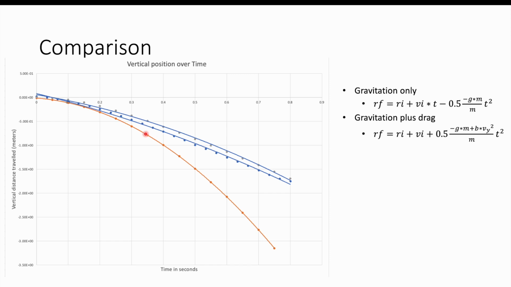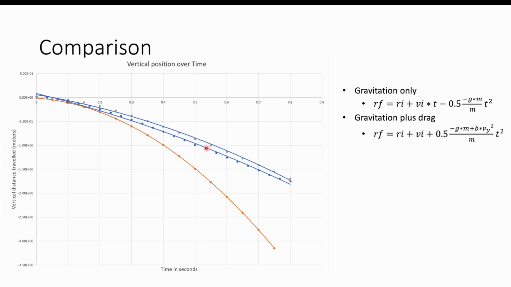So here is a comparison of the different curves. As we can see, the one with only gravitational acceleration is constantly accelerating, almost to infinity. Now we can see that the one with gravitational acceleration and drag has a slightly lower overall average velocity than the real life example.